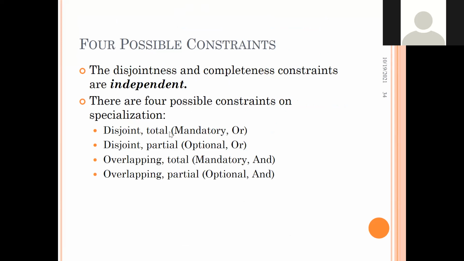So these are the 4 constraints, and this is how we write them. You always have to start with the participation, and then you end with the disjointness constraint. Those are specifically the 4 types of constraints. You cannot have any other. So it's either a mandatory or, a mandatory and, an optional or, or an optional and.